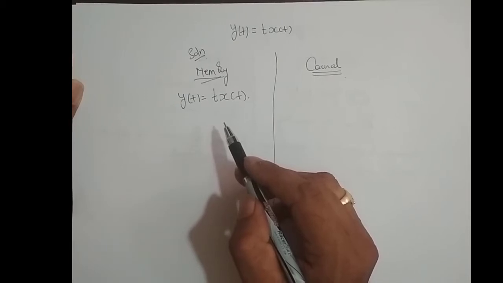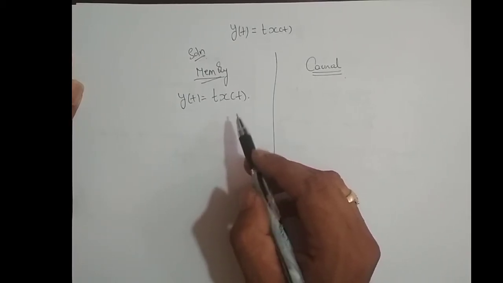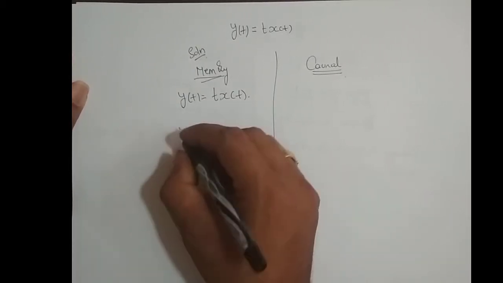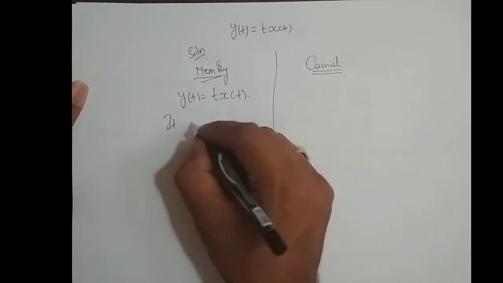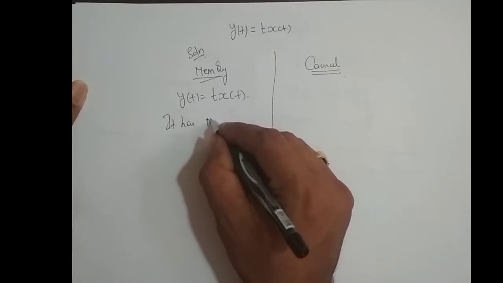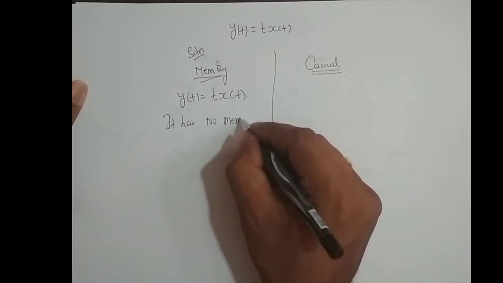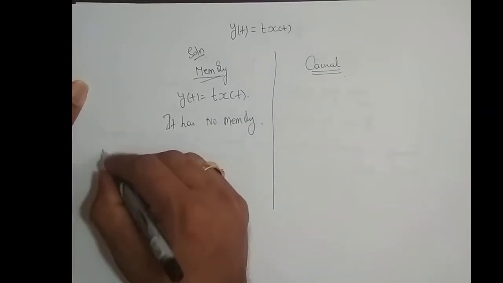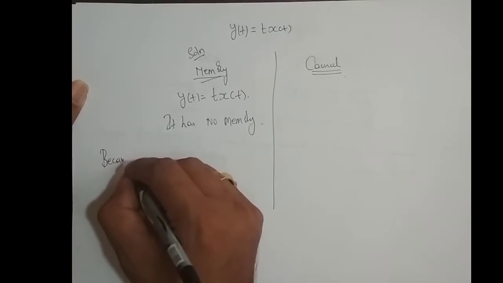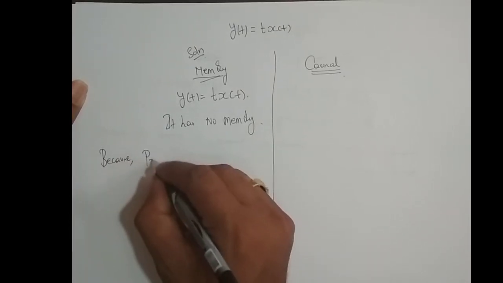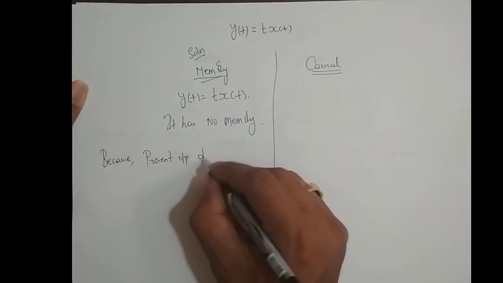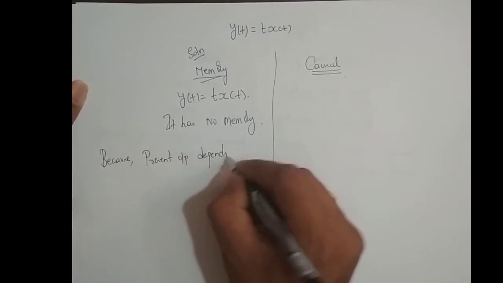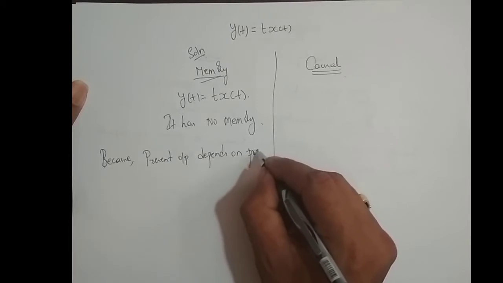If the present output of the system depends upon present input value, then we call it a system with no memory. So it has no memory. Why? Because present output depends on present input.